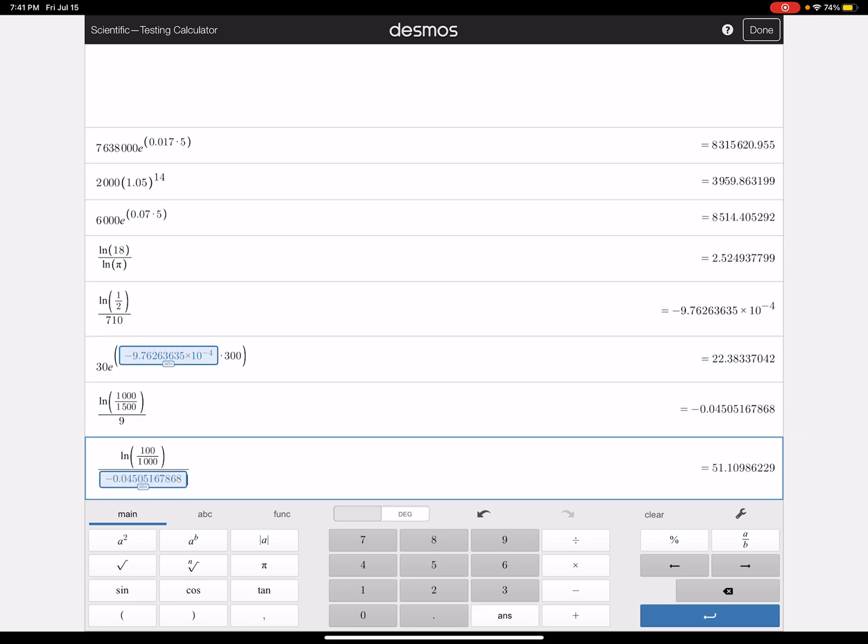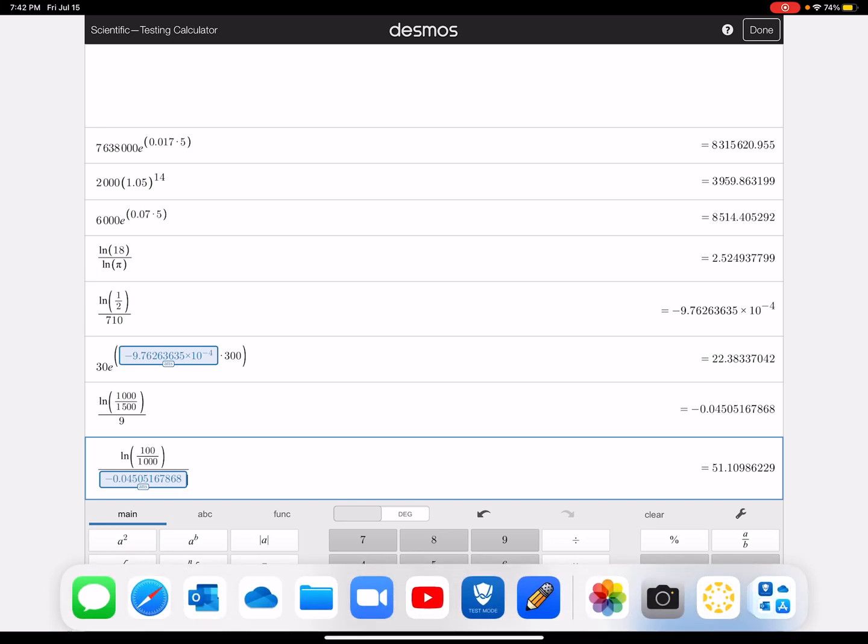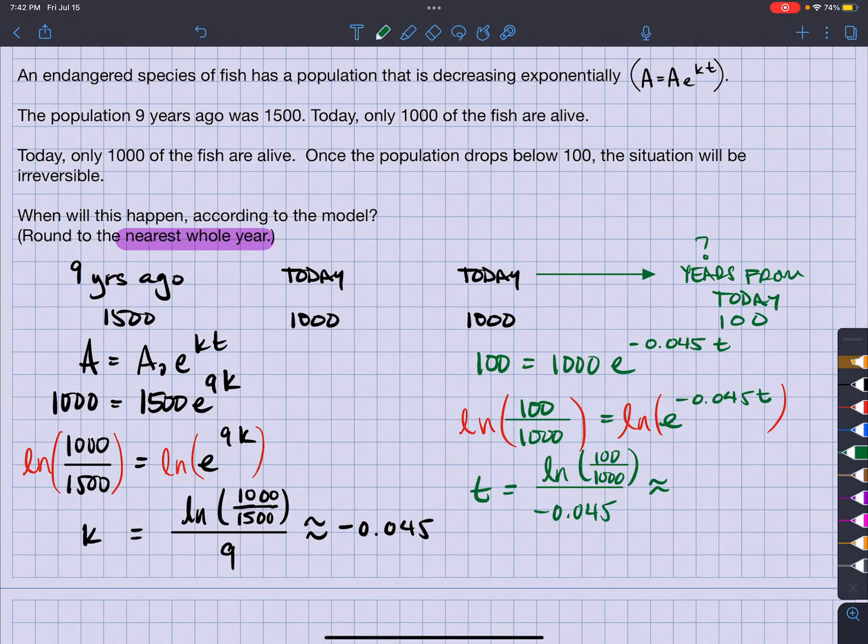And look at what I got here, 51.1. So it's going to round to 51 years from today. So that is going to be choice C.